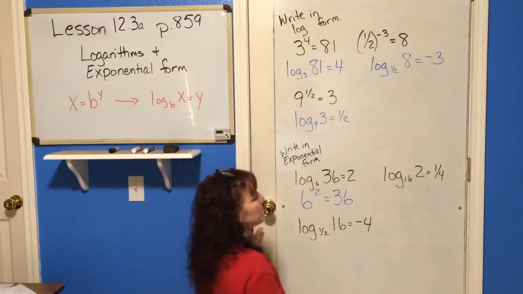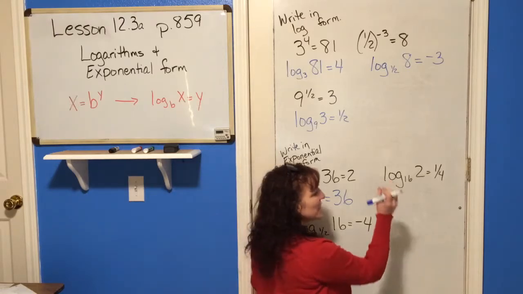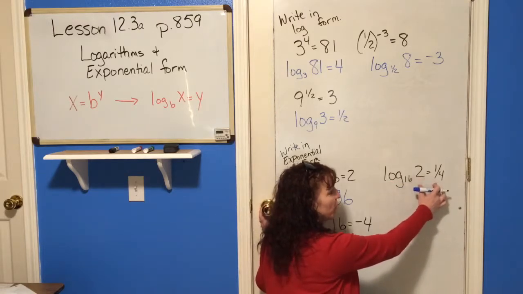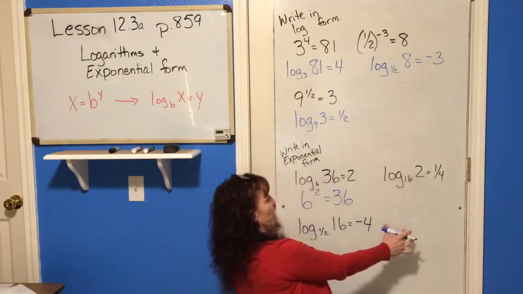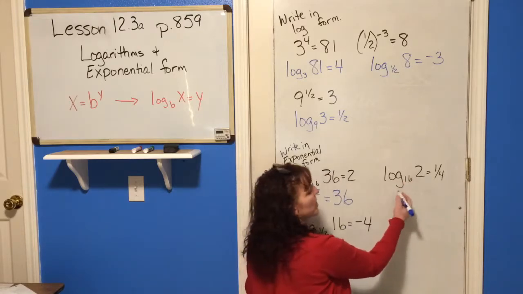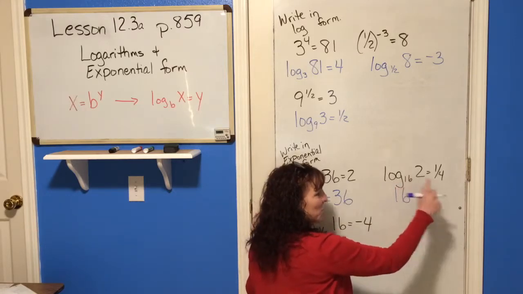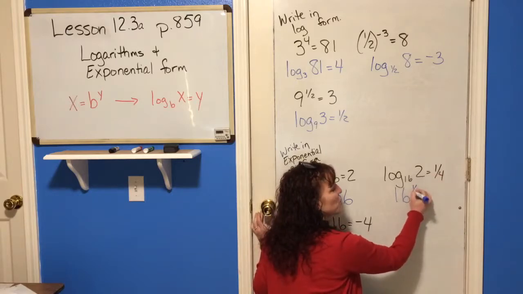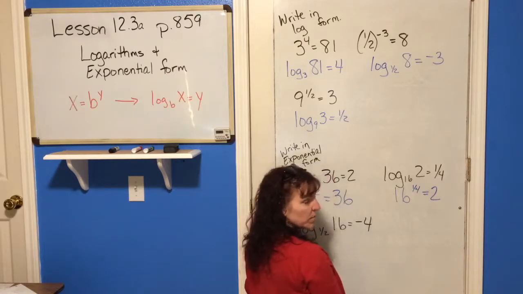Same thing again: log base 16 of 2 equals 1/4. The base of your log is the base of your exponential form, so 16 becomes the big number. The answer to a log becomes the exponent, so 16 to the 1/4 power equals 2.